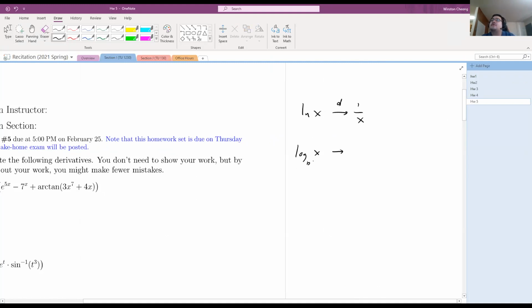And I see that there's a little message here. We can work on it Thursday through Monday. Does that mean you just print it out? It says take home. I think yes.